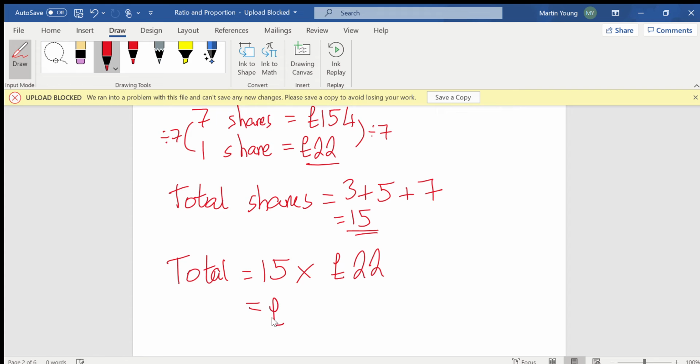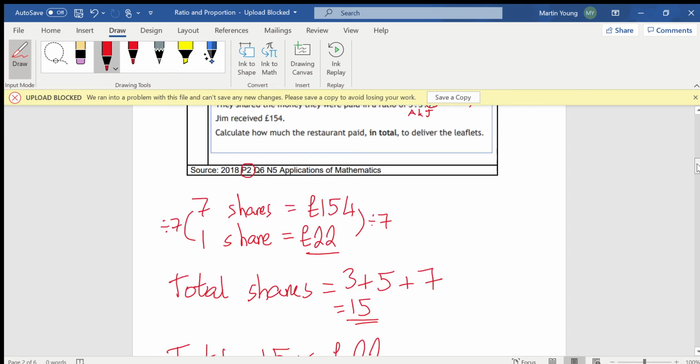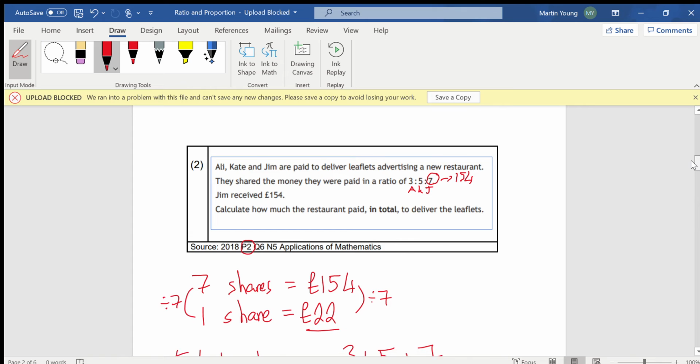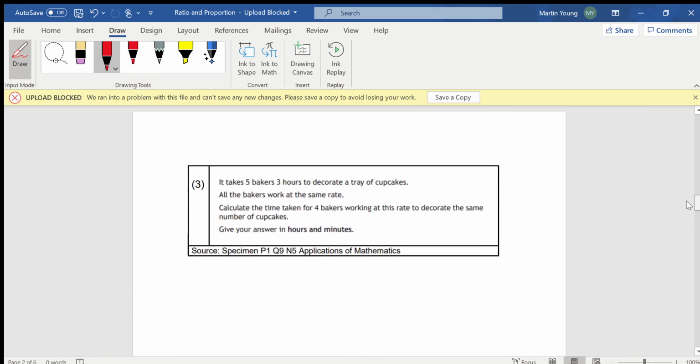So the total was £330 in total. And then what you can always do is double check that that works. That if I was to allocate that in the way it's shown, that would add up as it should. Okay, so you could work backwards as well. So that's question number 2 in this worksheet.